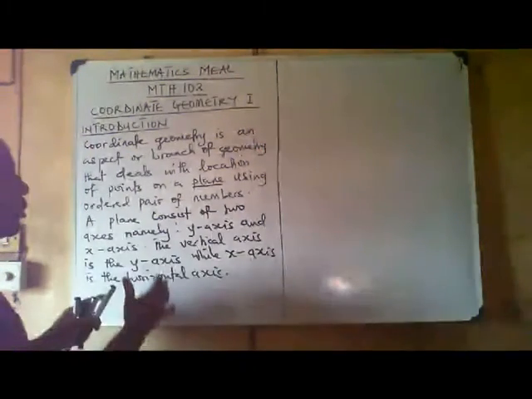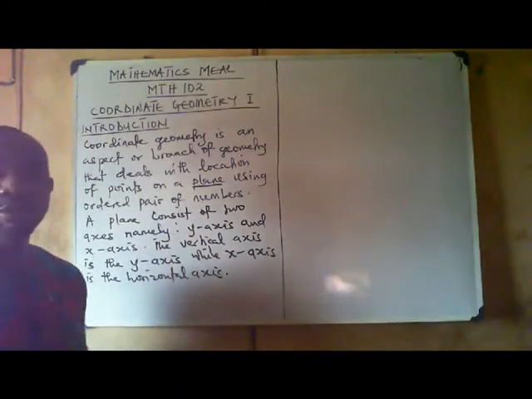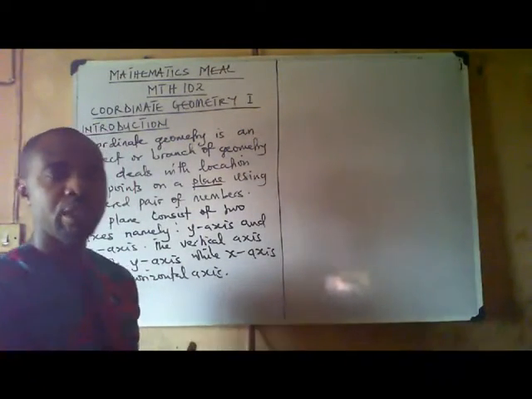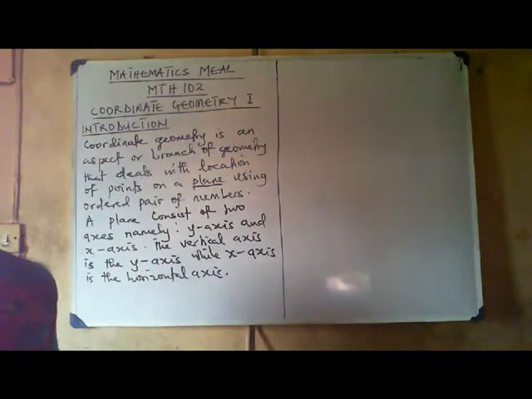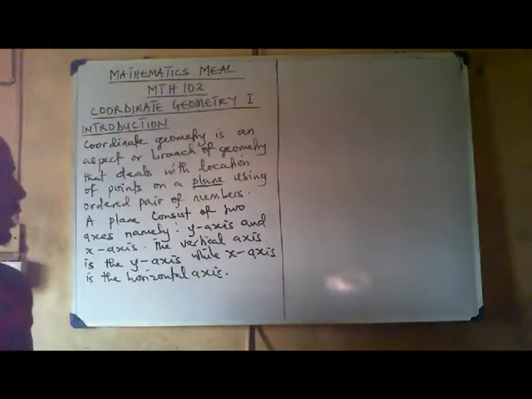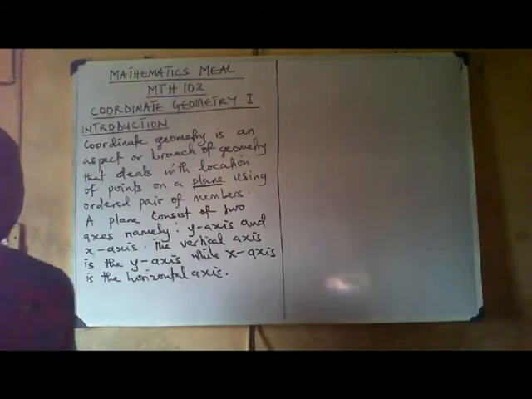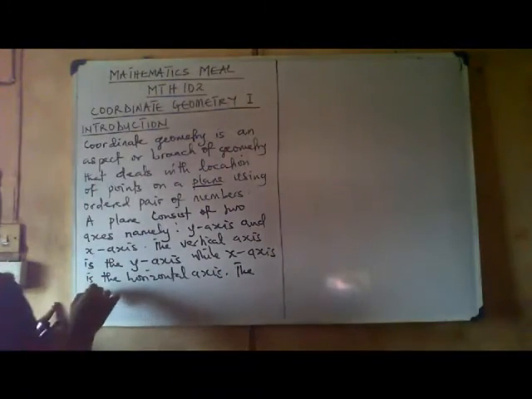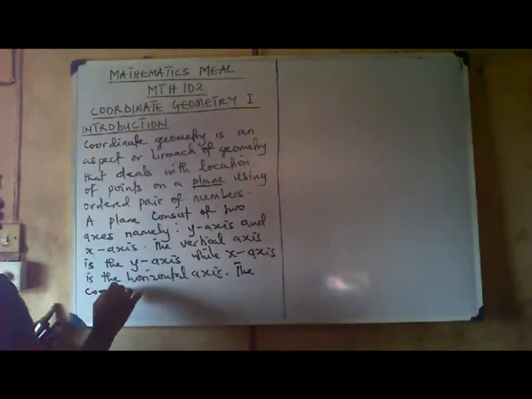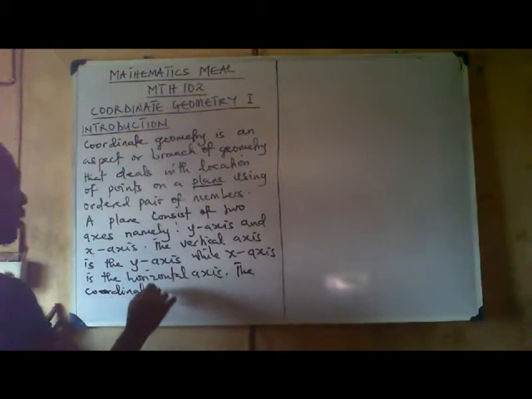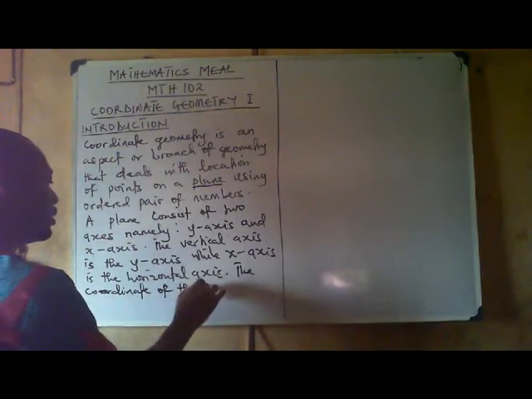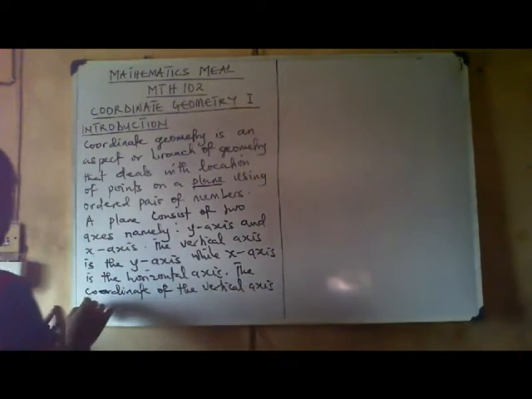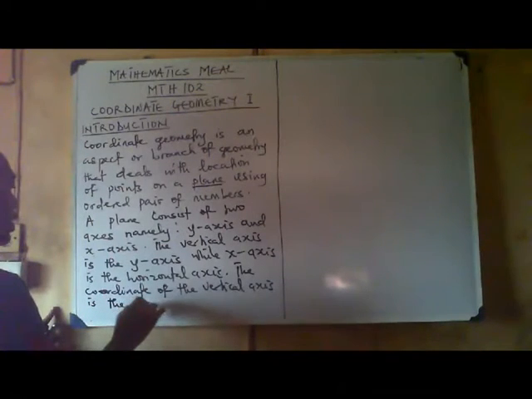Alright, now on the x-axis, we have a coordinate known as the x-coordinate, or we refer to it as the what? The abscissa. Then the y-axis is the ordinate. So the coordinate of the vertical axis is the ordinate.